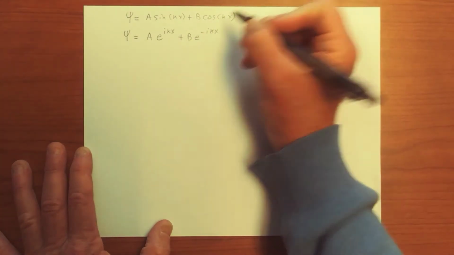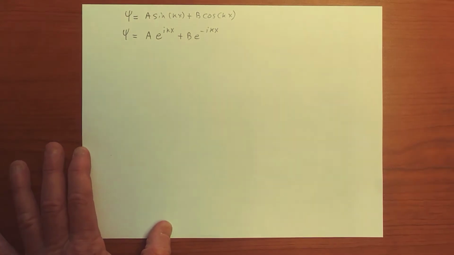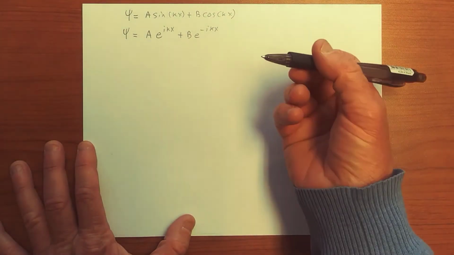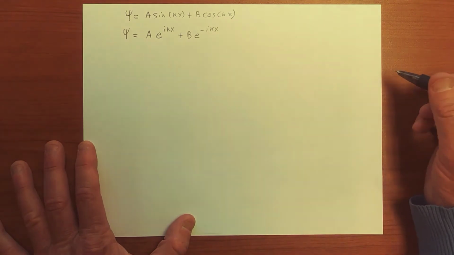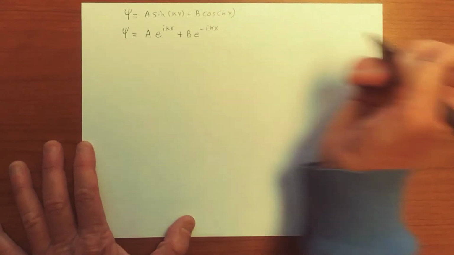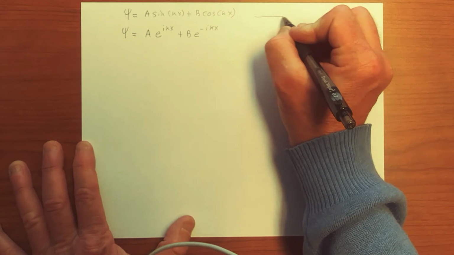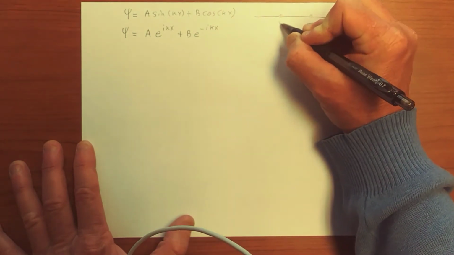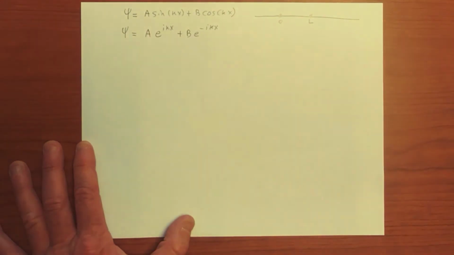These have a little more intuition in terms of waves, or the spatial part of a traveling one-dimensional wave. And in our case, remember that we have a one-dimensional prison between x equals 0 and x equals L.